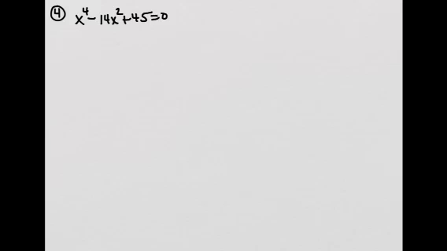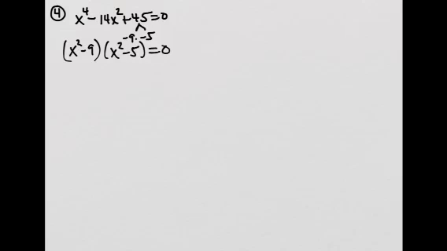fourth degree, where this degree, let me just point to it, this degree is twice as big as this degree, and it's a trinomial. So I want to see if there are factors of 45 that add up to negative 14, so negative 9 times negative 5 work. So this one has 4 complex zeros altogether, this polynomial, so I have x squared minus 9 times x squared minus 5.